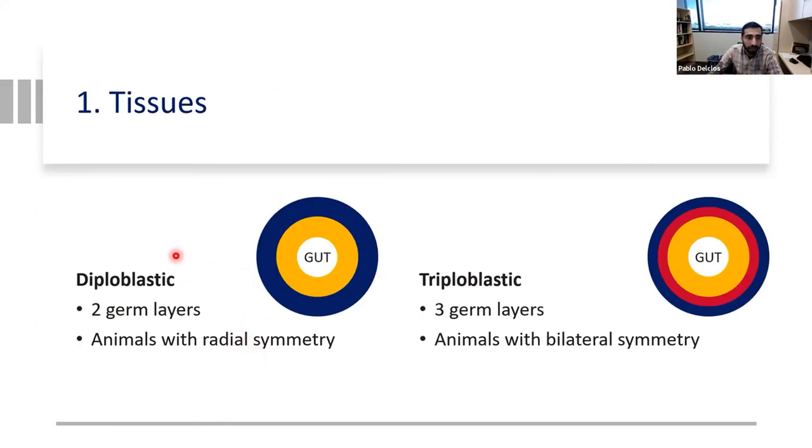Regarding the tissues, we don't see this within the terms up here when I go through the phylogeny, but we'll see that it basically coincides with different types of animals.